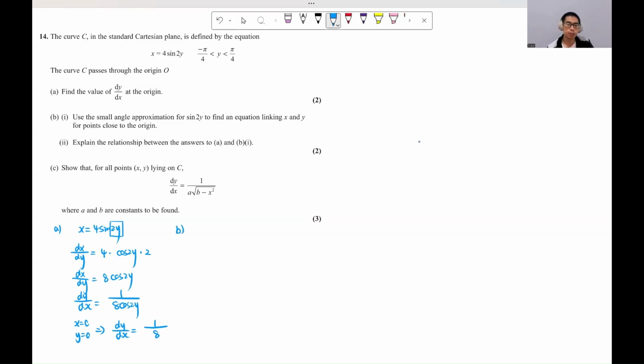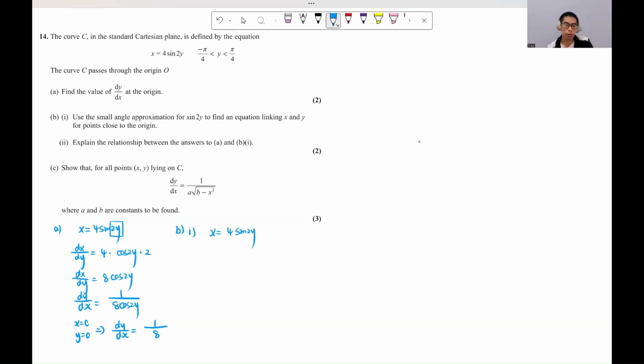And then part B(i). Use the small angle approximation for sine 2y to find an equation linking x and y for points close to the origin. If the point is close to the origin, so it's very small, we can use the small angle approximation to approximate sine 2y. x is equal to 4 sine 2y.